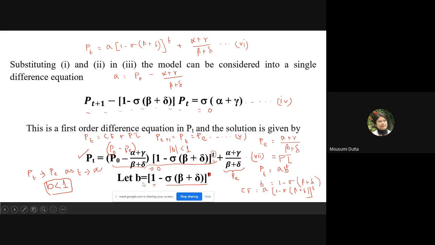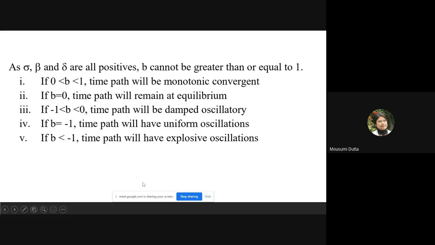So the first option, when B lies in between 0 and 1: number 1, B is positive, hence the time path will be monotonic. Number 2, mod B is less than 1, and for that matter, the time path will be convergent. So together the two conditions give us monotonic convergent time path of price.